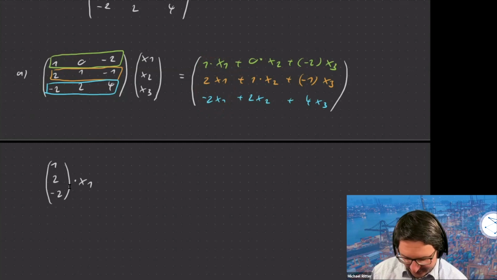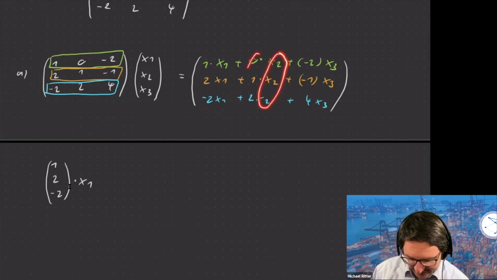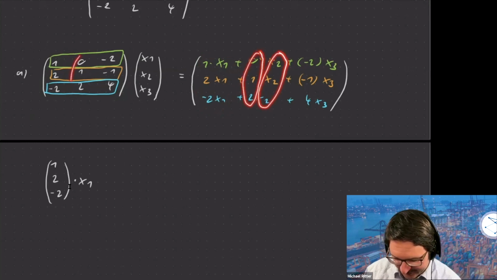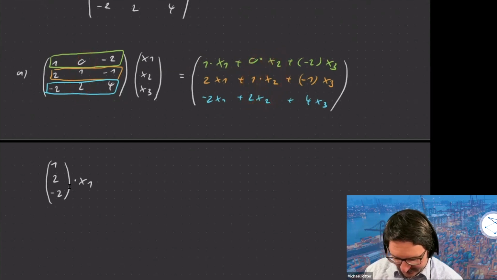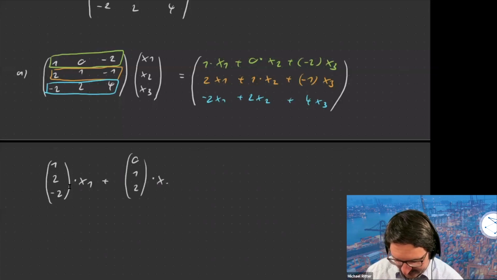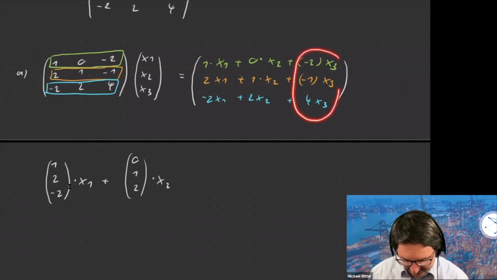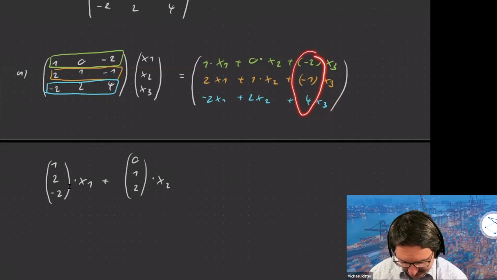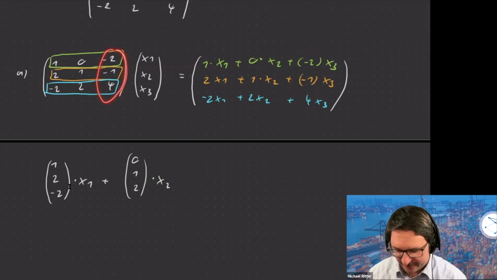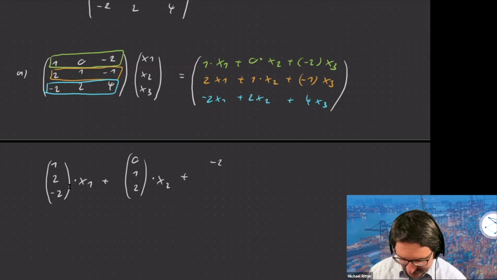For the second part, there's an x2 here. And these numbers here, those come from the second column. So what happens here is we get plus 0, 1, 2 times x2. And finally, the x3 part, these numbers here come from the third column. Right, so that is minus 2, minus 1, 4 times x3.